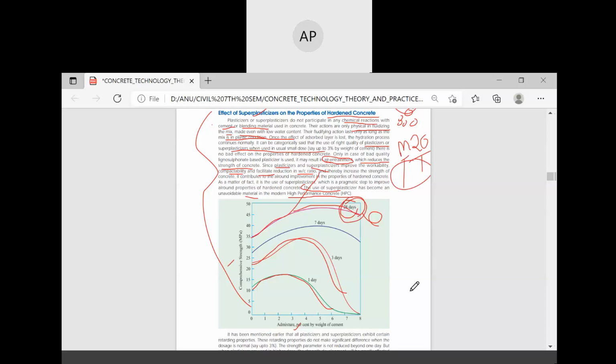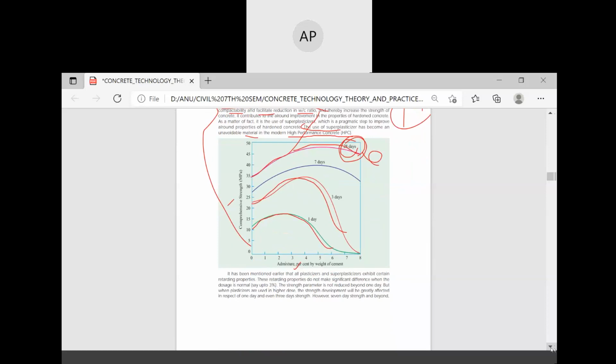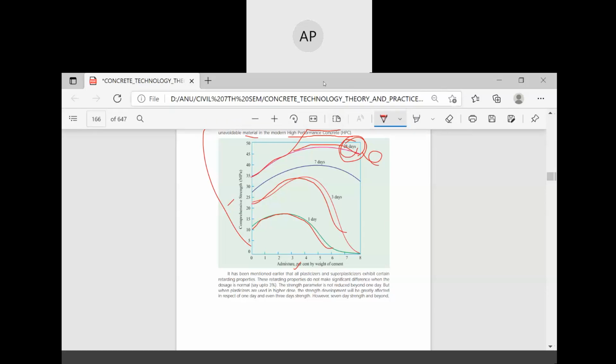Okay. It has been mentioned earlier that all the plasticizers and superplasticizers exhibit certain retarding properties. These retarding properties do not make a significant difference when the dosage is normal. The strength parameter is not reduced beyond one day. But when plasticizers are used in higher dose, the strength development will be greatly affected in respect of one day or even 3 days.